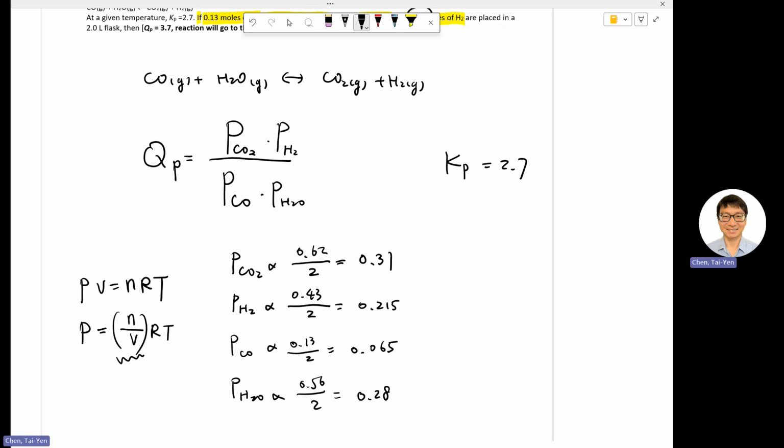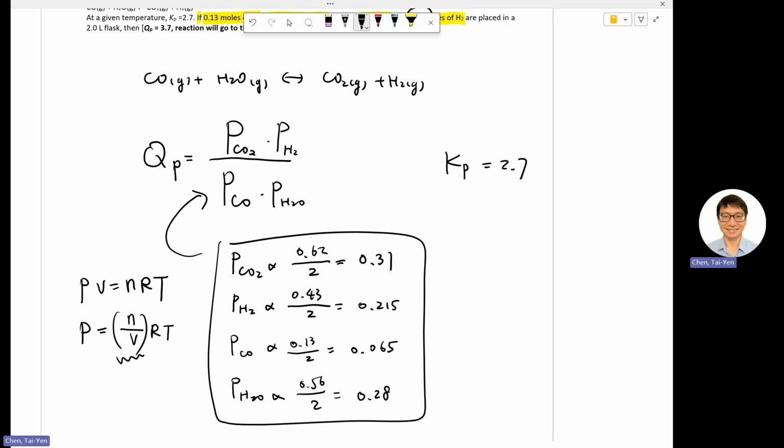Once you have all these things, what you do is put all this information back into the equation. Therefore, you're going to have 0.31 multiplied by 0.215, divided by 0.065 and then 0.28.